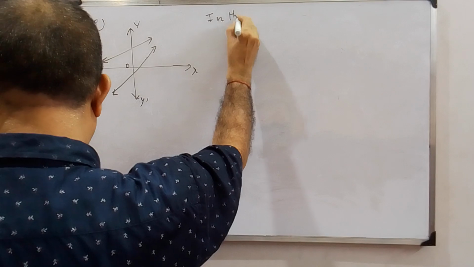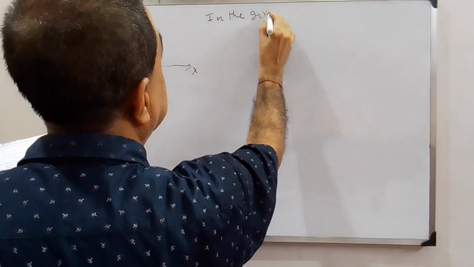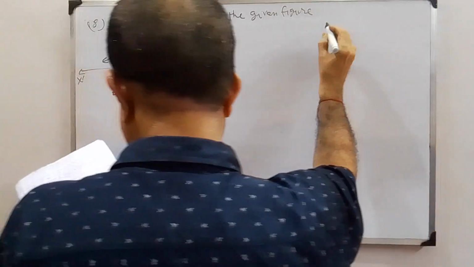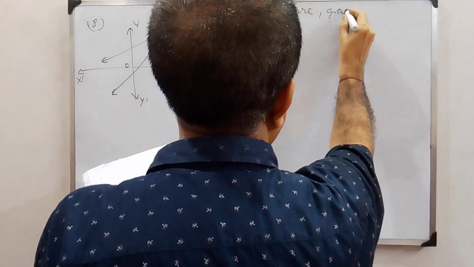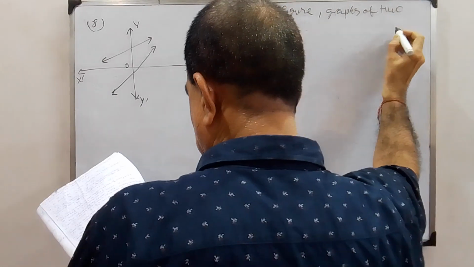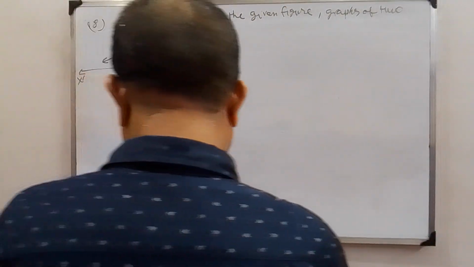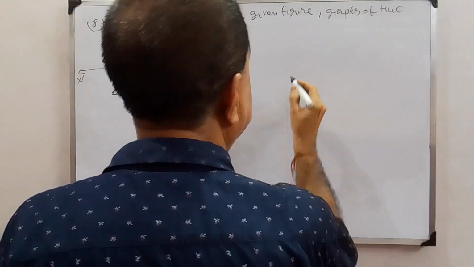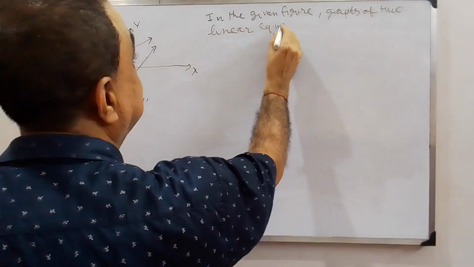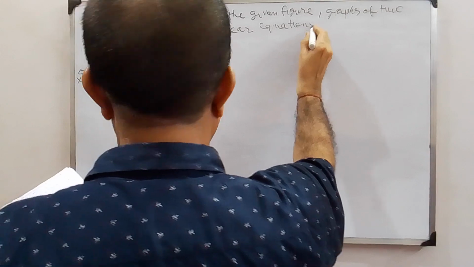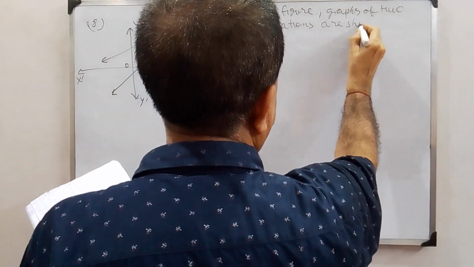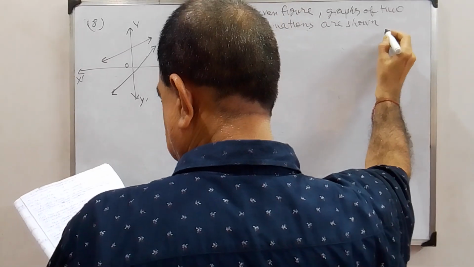So in the given figure, graphs of two linear equations are shown.